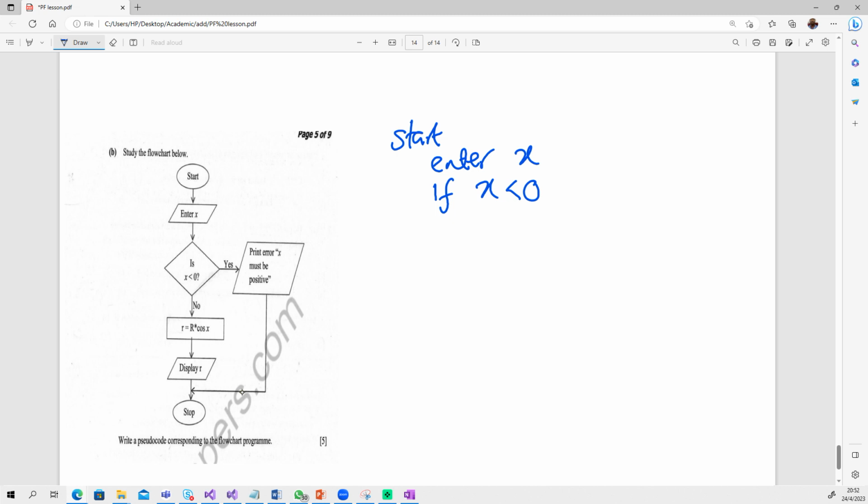If this is true, what are we going to do? We follow the yes part. Print error, x must be positive.